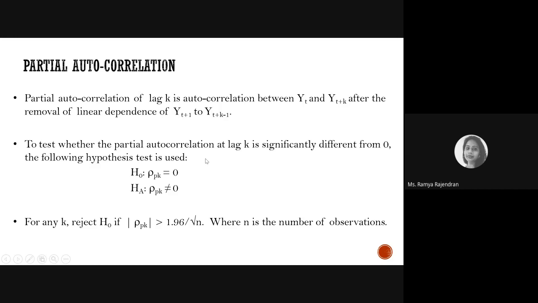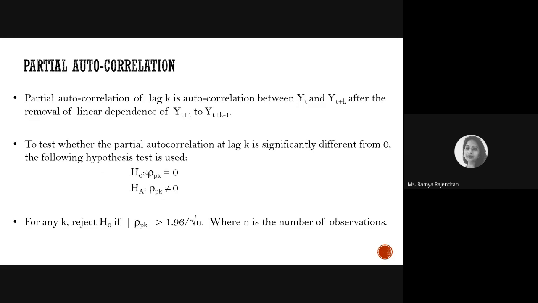Here also we are trying to test a hypothesis by assuming partial autocorrelation is equal to 0 or not 0, by declaring null and alternate hypotheses. Partial autocorrelation is represented by rho pk, whereas autocorrelation is represented by rho k.